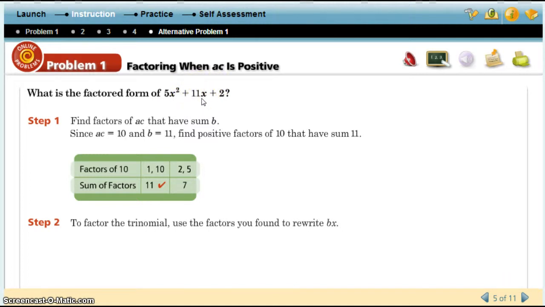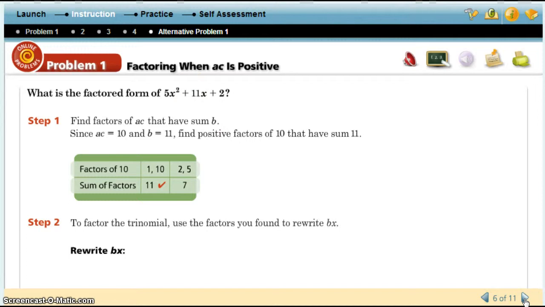Now we know which 2 numbers to use. We know we need to use a 1 and a 10, so that's how you get 11. So we're just going to break this apart into a 1x and a 10x, because 1x plus 10x is 11x. So that's what finding the factors does for you. It helps you to break apart or rewrite the bx of your trinomial.